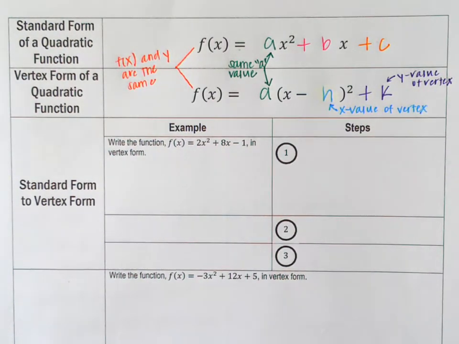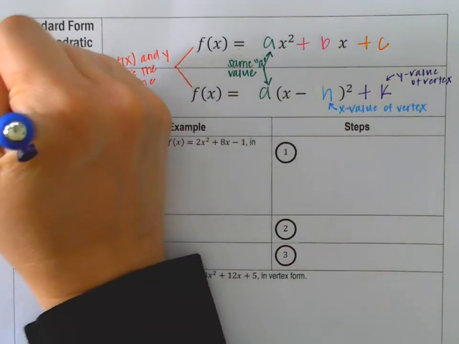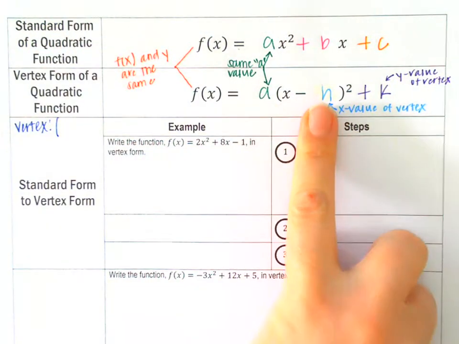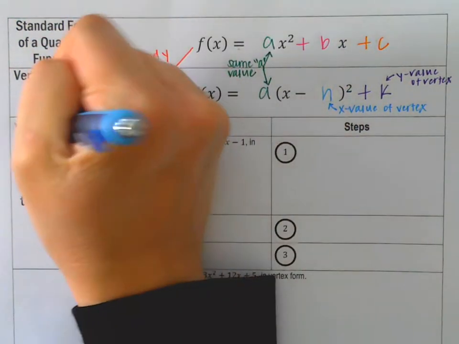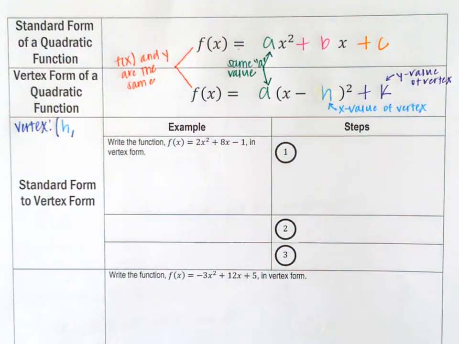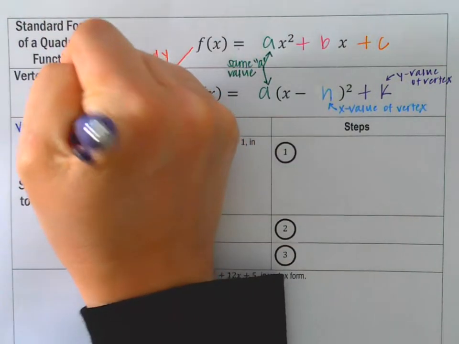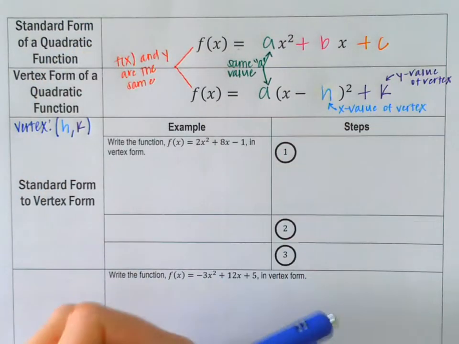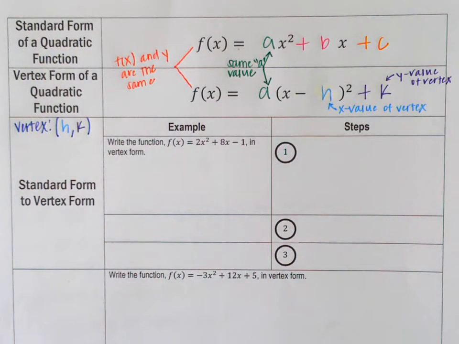So just as a reminder, the vertex is (h, k). I guess the purple looks the most like the blue. It's just an all-around fail with colors for me today, apparently. Sorry.